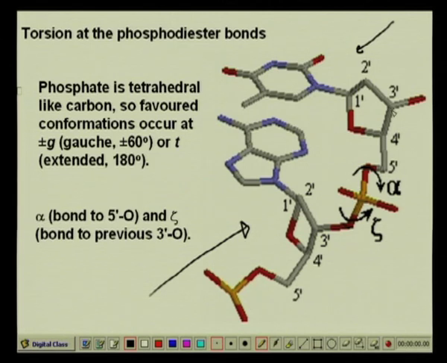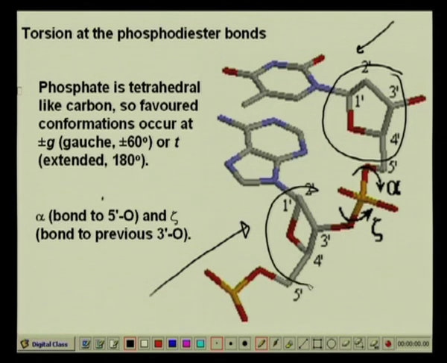Now, what we have learnt from the previous slide is we can have puckering in this sugar ring, right, and also in this sugar ring. Due to the puckering, what is going to happen? The positions of this phosphate and the positions of the base are going to change, right.